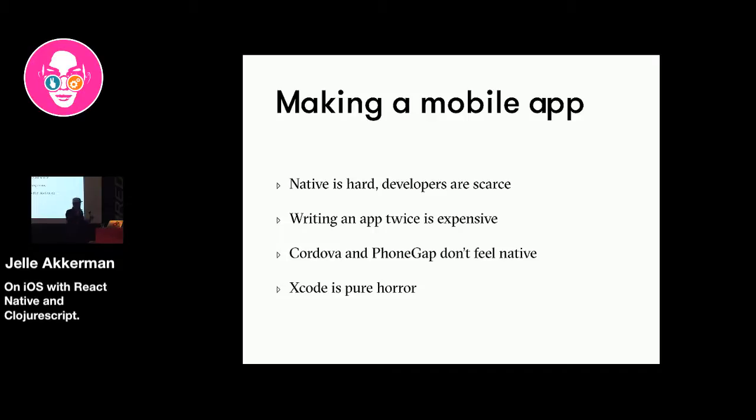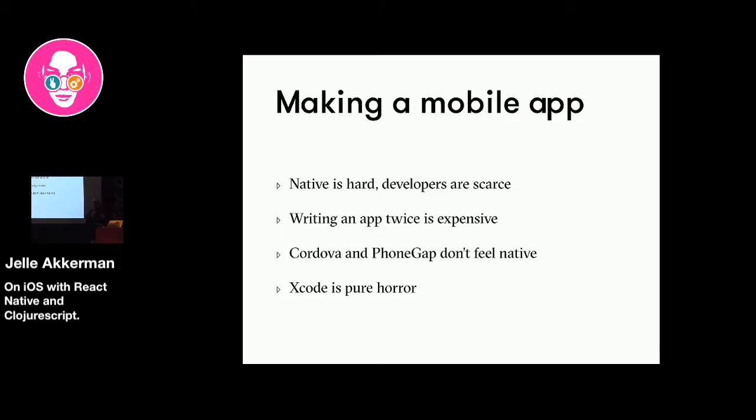We started making this mobile app, and before I joined, they already made a small prototype in Cordova, which is a JavaScript framework that allows you to put your JavaScript app on top of an iOS application.